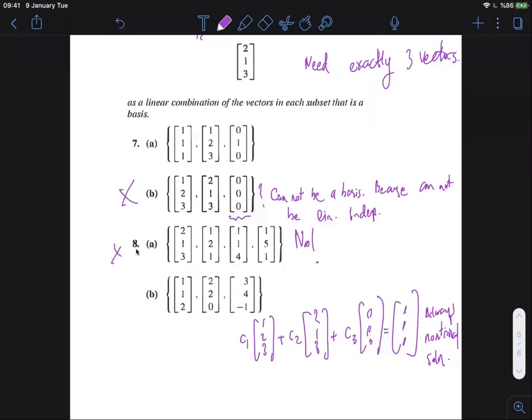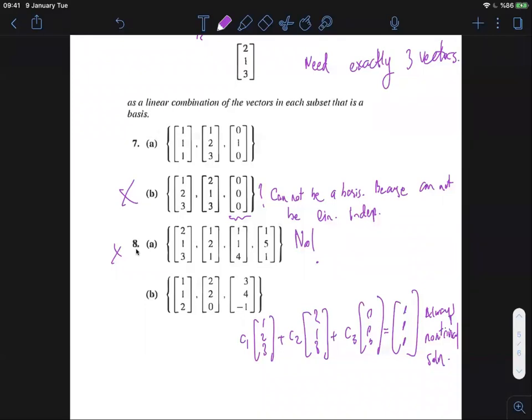What about the rest? For example, the first one, can it be a basis? For three vectors, you only need to check whether they are linearly independent or whether they span. Because if they are three linearly independent vectors in R3, they will span.